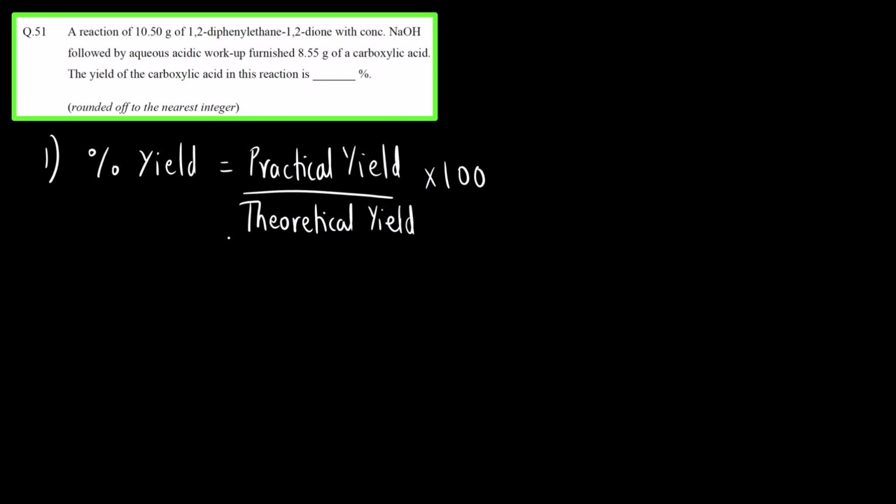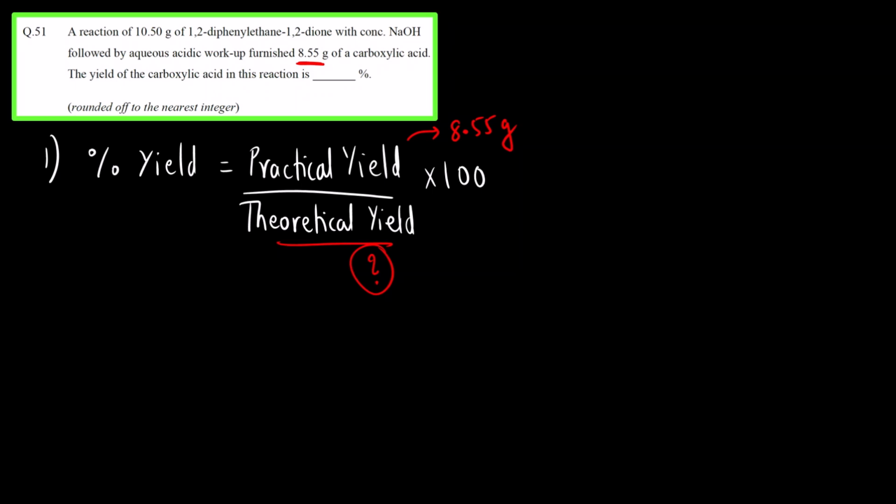Do we have the practical yield? The answer is yes. They have given, we get 8.55 gram of carboxylic acid. So this is given, 8.55 gram. Do we have the theoretical yield? No. So we have to calculate the theoretical yield first, then we'll get the answer.